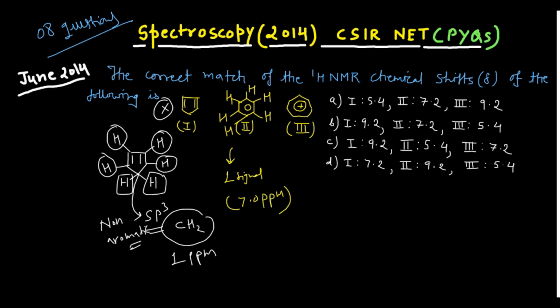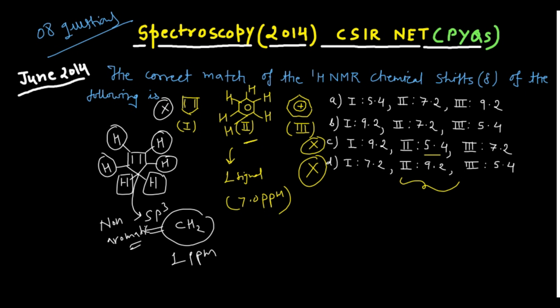So for the second compound you have to look for 7.2 ppm. So straightforwardly you can discard option D, because the second compound is having a chemical shift of 9.2, which is not characteristic of benzene. And on the same ground you can discard option C also. This is also not correct, because again for compound 2, that is benzene, its proton is showing 5.4. So these 2 options cannot be correct.